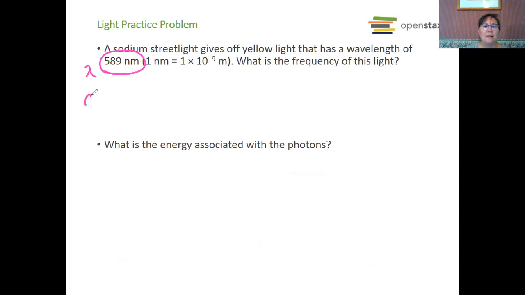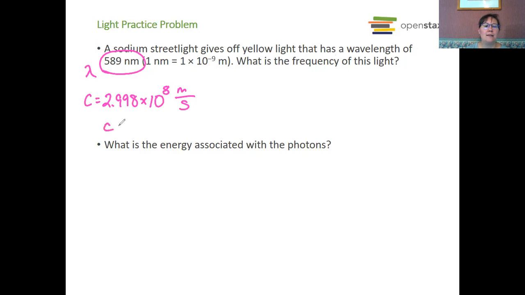And we're going to be using C equal to 2.998 × 10⁸ meters per second. And we want to know frequency.